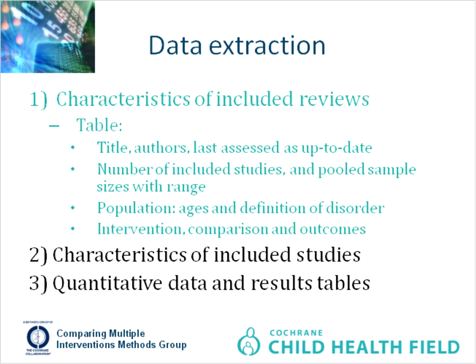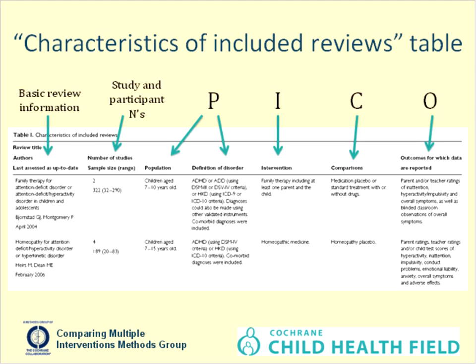You want basic review information: the title, authors, and the date last assessed as up to date. You want to include the number of included studies in the review, as well as the pooled sample size of the studies. And it's also helpful to report the size of the smallest and largest trials. Then you want to report your PICO information as well.